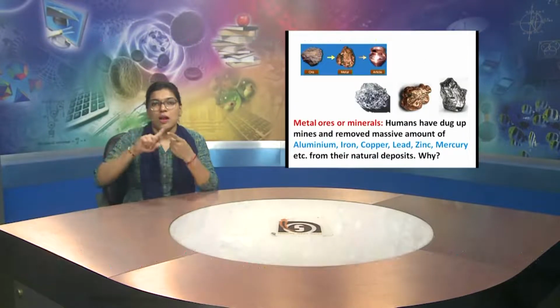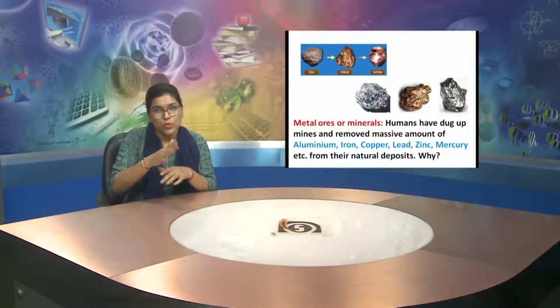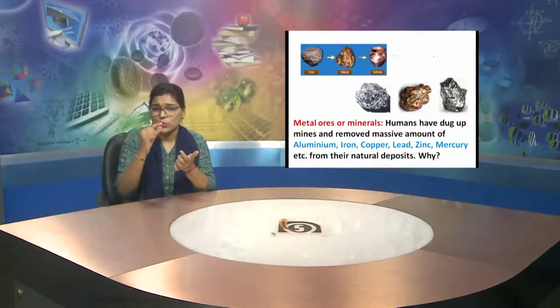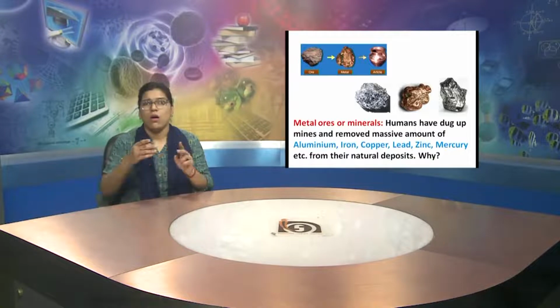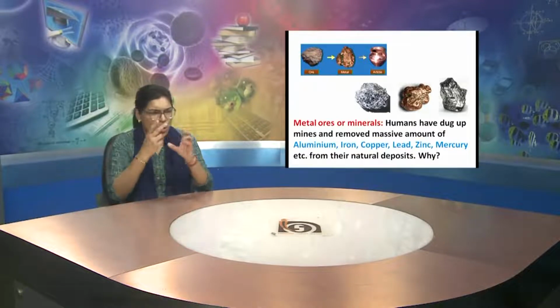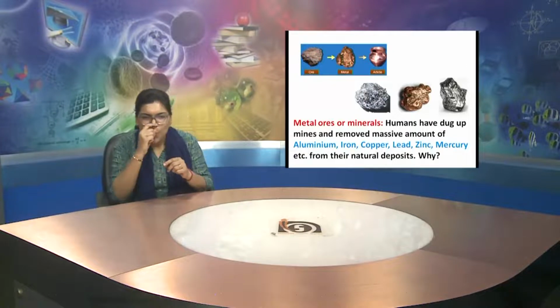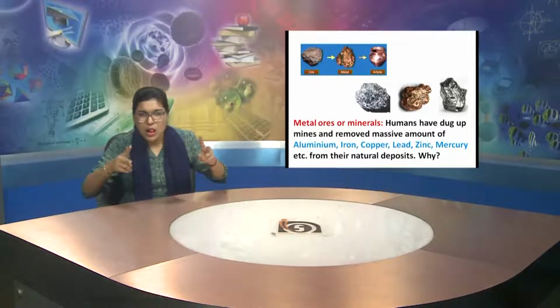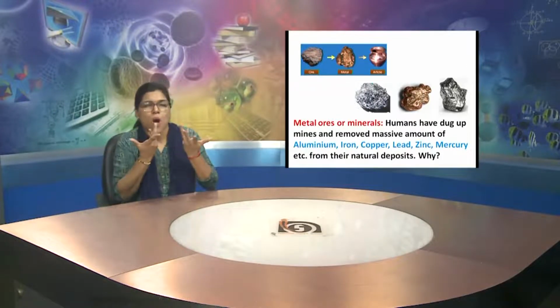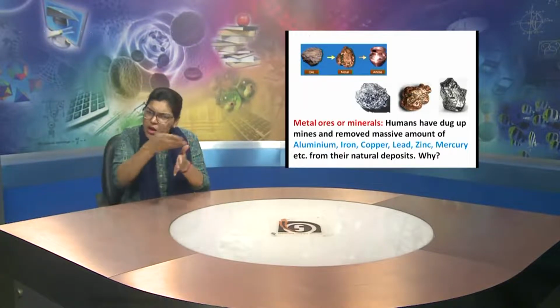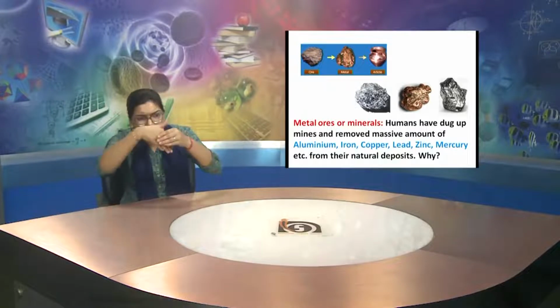There are different kinds of metals which we get from inside the earth, along with coal, the fossil fuel. All these metals are of different colors and they are being used for different purposes. We will discuss in detail in our further lessons.